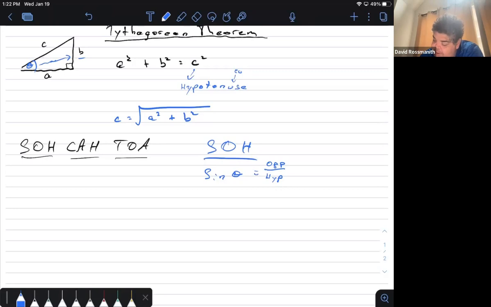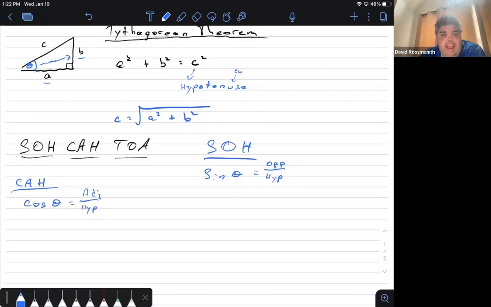CAH, very similarly, CAH stands for the cosine of the angle is the same value as the side adjacent. Now, adjacent just means next to, okay? Next to instead of across from. So in our triangle, A is next to the angle theta. So that's the adjacent side divided by the hypotenuse.